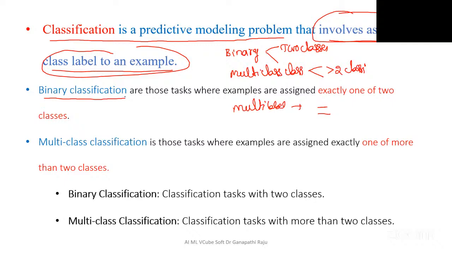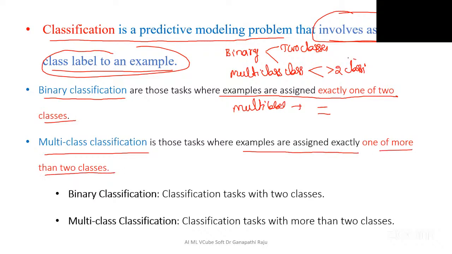Binary classification is the task where examples are assigned exactly one of two classes. In multi-class classification, examples are assigned exactly one of more than two classes.